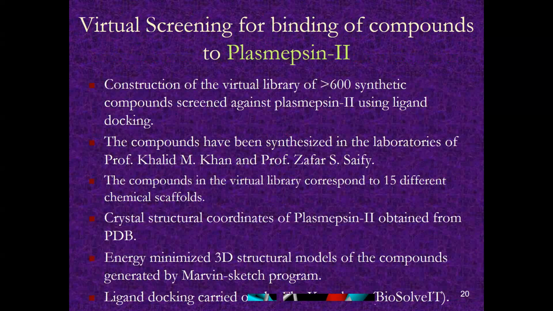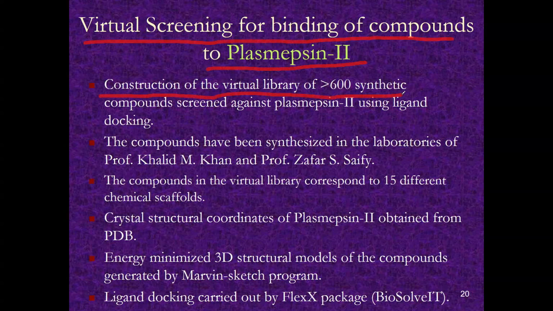So what we did, we basically carried out a virtual screening of compounds for binding to the active site of the plasmepsin 2. Okay. So we constructed a virtual library of more than 600 compounds and screened against the plasmepsin 2 using a ligand docking program.